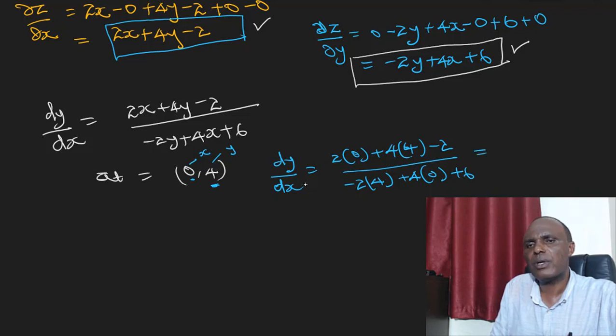Finally we get 14 over negative 2, and therefore the gradient of the curve at that point is negative 7.